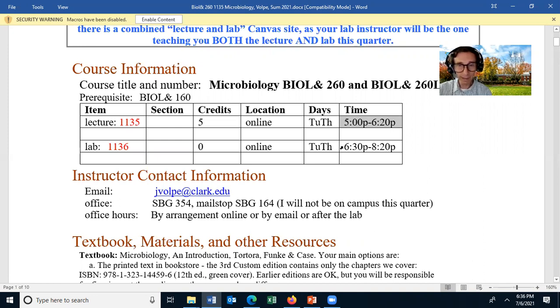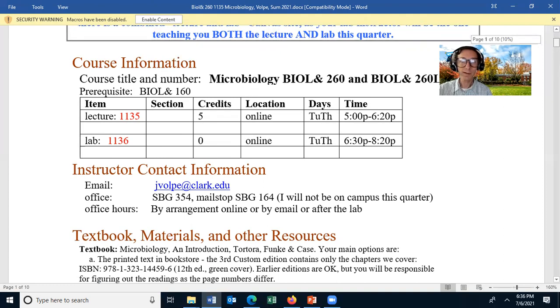And I don't really need the lab time increased. I need the lecture time increased. I don't know how much time it should be, but this is the same number of hours as for 10 weeks, meaning an hour and 20 minutes, which is what we normally have. And we only have 8 weeks, so you'll only have an hour and 20 minutes for 8 weeks. And I need a little more time to cover the material. Any questions about any of that?